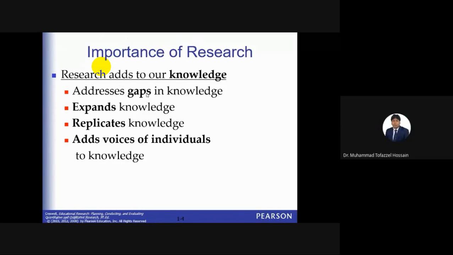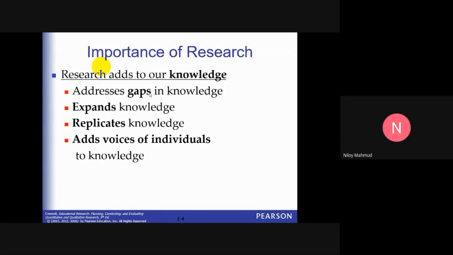Means what is not available in the field of knowledge, in the body of knowledge, in any particular area or field. So this is something new that you are going to include, or contribute, right?